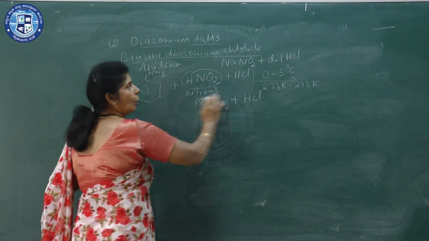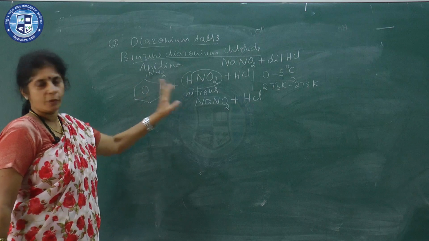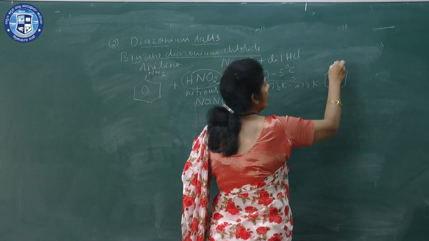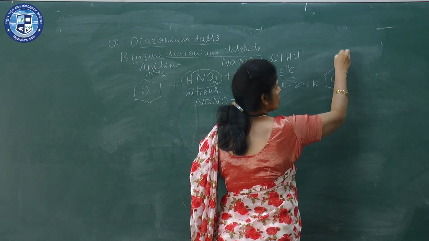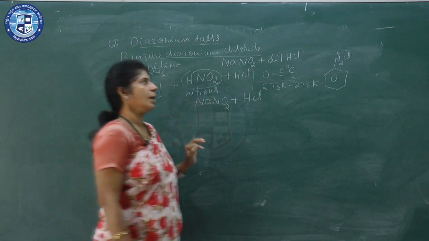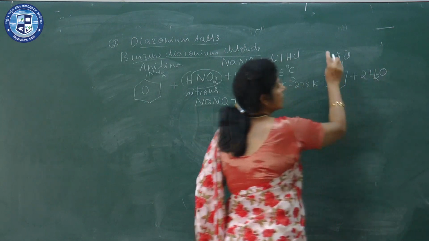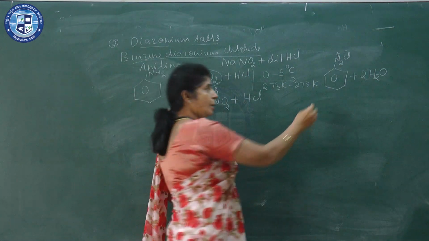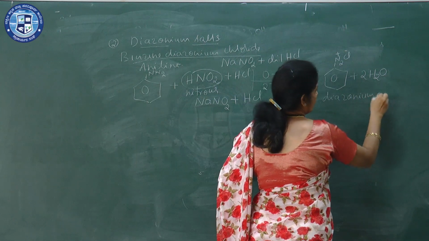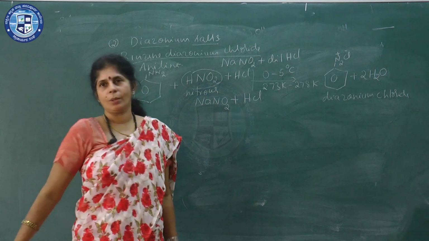So try to write all these chemicals in such a way as to remove the two water molecules from this one, so that you can get the benzene diazonium chloride, N2 plus. It is a salt, therefore we are writing N2 plus and Cl minus, plus two molecules of water. This is benzene diazonium chloride, which is a yellow colored solid. Right? We get benzene diazonium chloride.